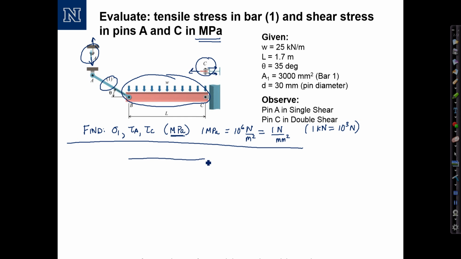Here's the picture of the beam. For this problem, I will represent the distributed load as a resultant, WL equal to 25 times 1.7, and the resultant units are kilonewtons.